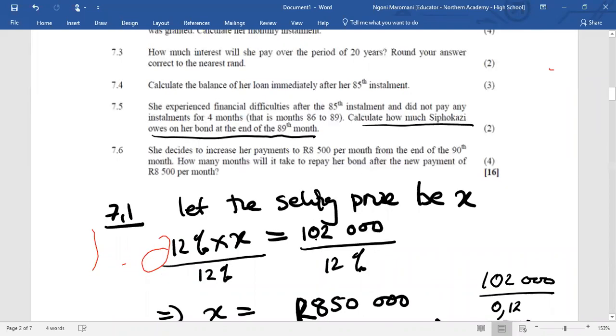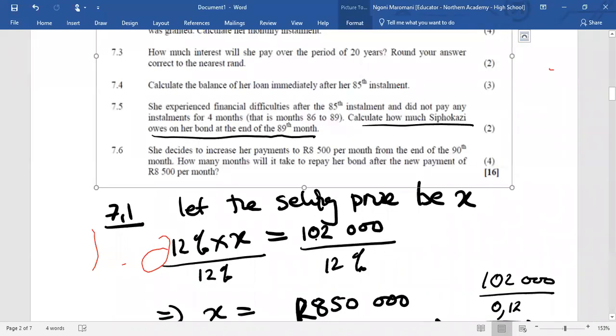The next question is saying, she decided to increase her payments to 8,500. So the installment has increased. She decided to increase her installment so that she can cover up.